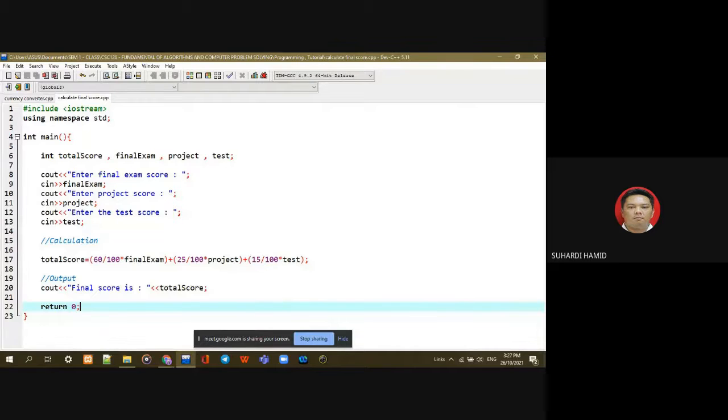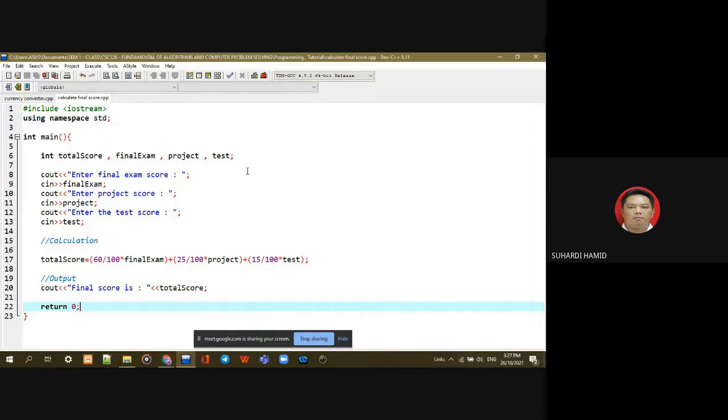Right. The order is fine. In this case, I find the order is good. You have the input, process, and output. That is very good. My comment is number 1. We're dealing with marks with floating numbers later on because we are going to do division.